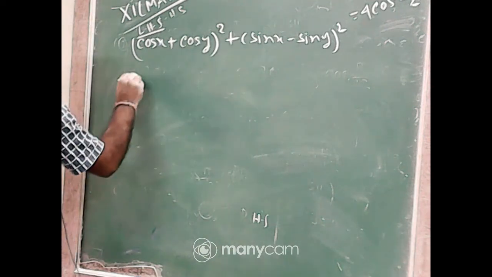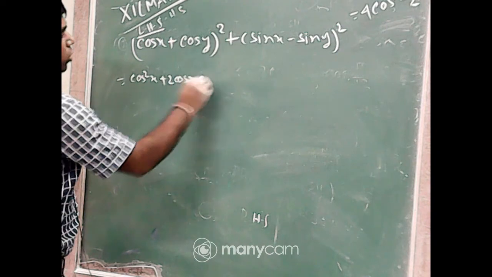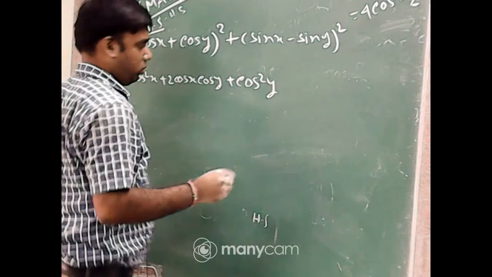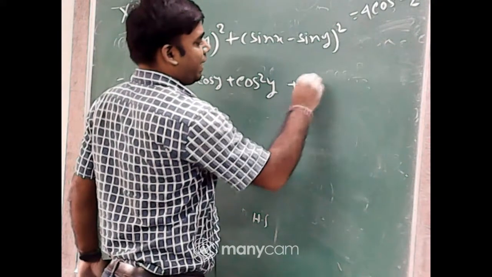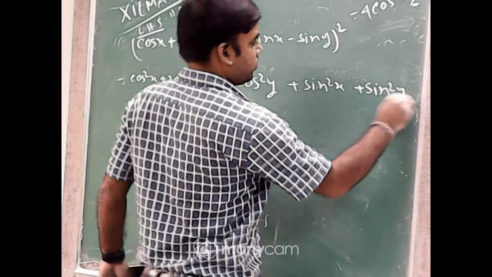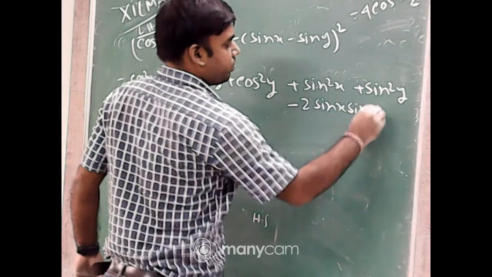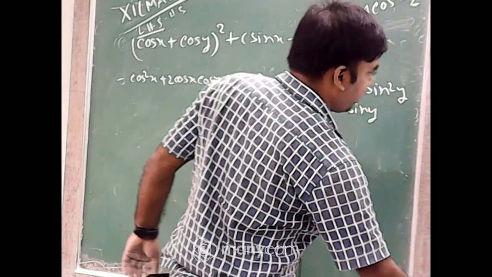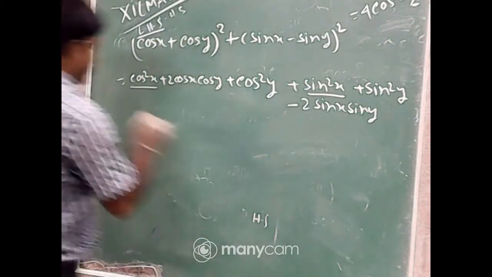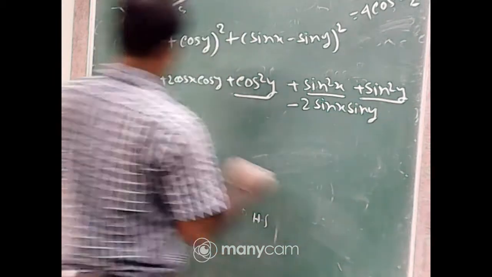So cos square x plus 2 cos x cos y plus cos square y, plus sin square x plus sin square y minus 2 sin x sin y. Now cos square x plus sin square x is 1, and cos square y plus sin square y is also 1.